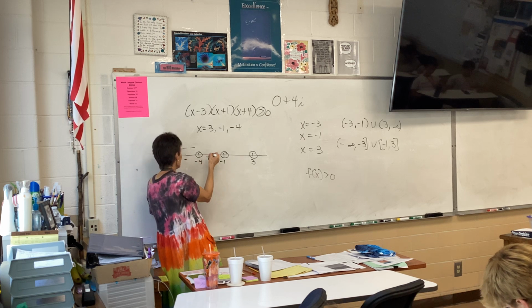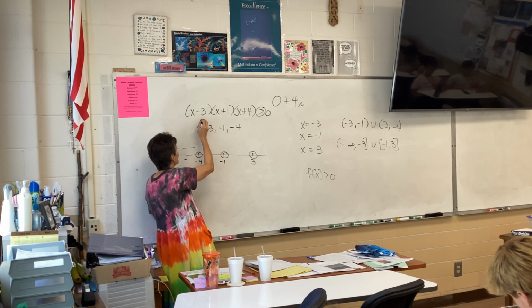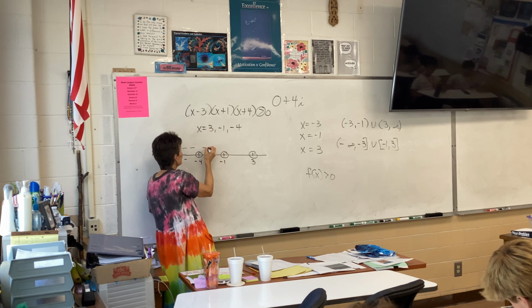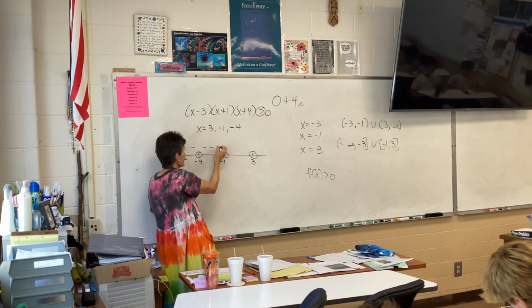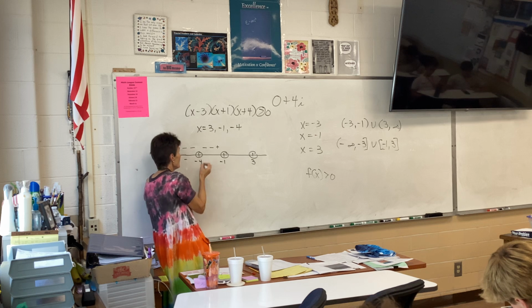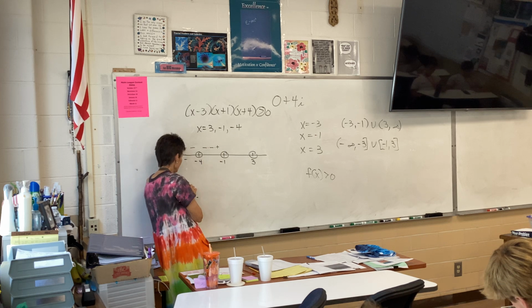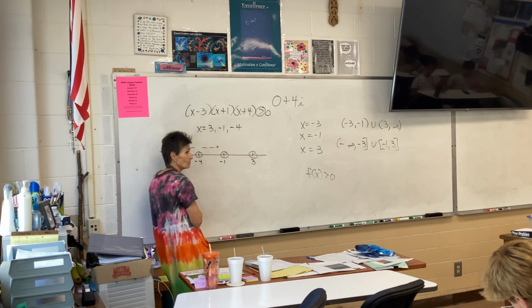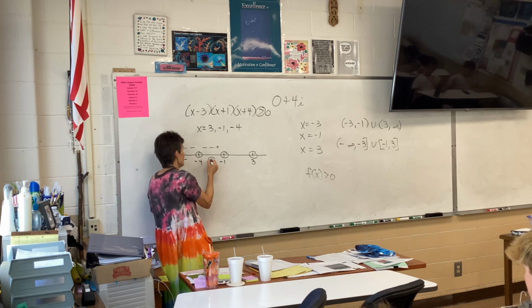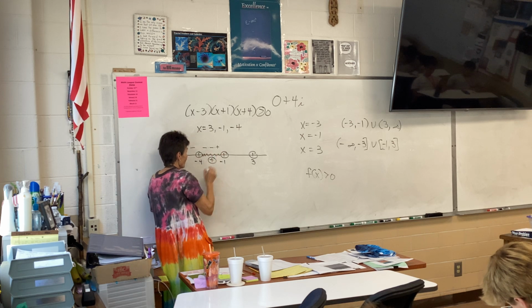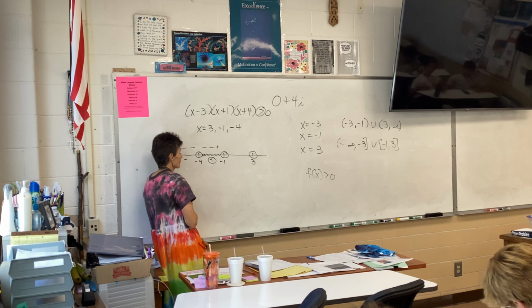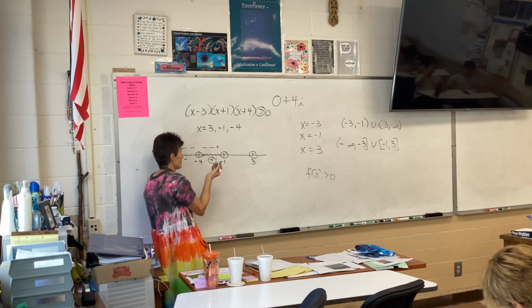All right, -2. -2 would be negative, negative, positive. Does that multiply to give me what I want? Yep. So I'm going to color in that part of my graph. 0.